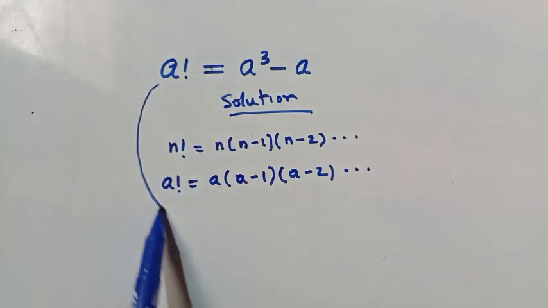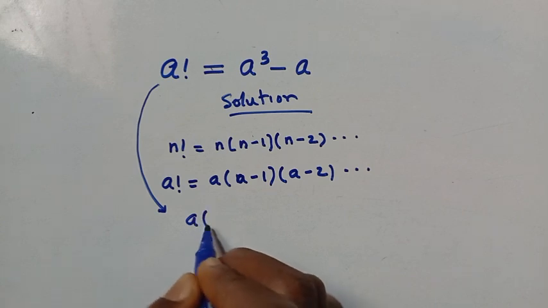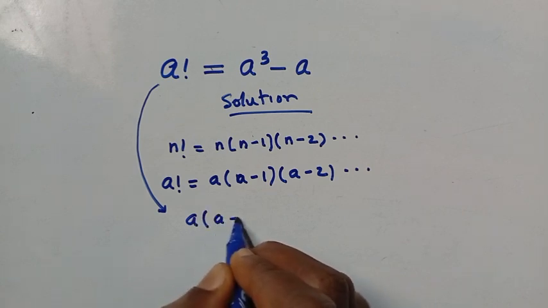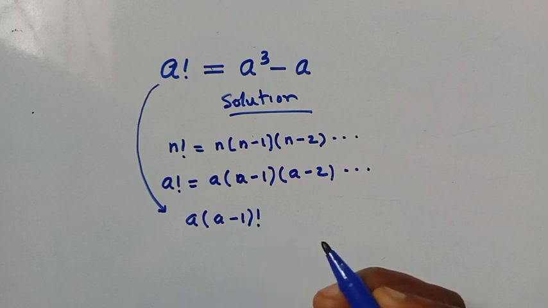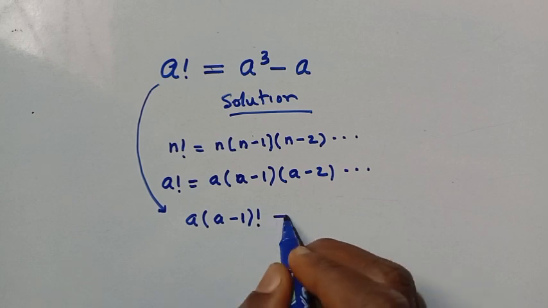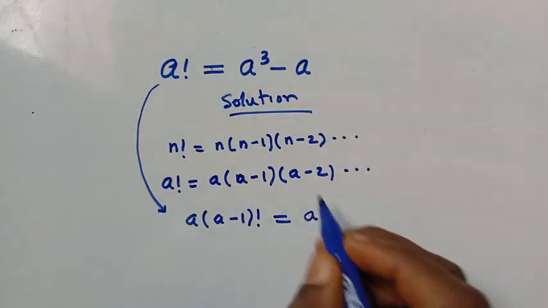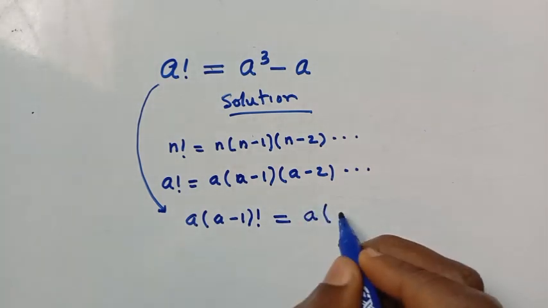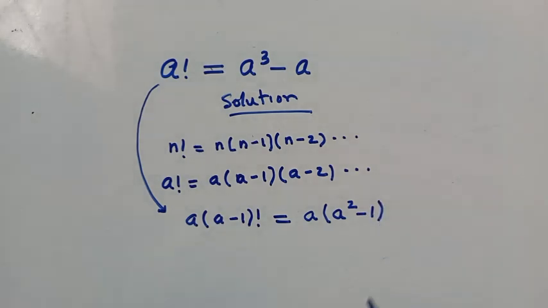If you now recall, for every a factorial, we can write this as a times (a minus 1) factorial. This equals a cubed minus a, and when we factor out a, we have a times (a squared minus 1).